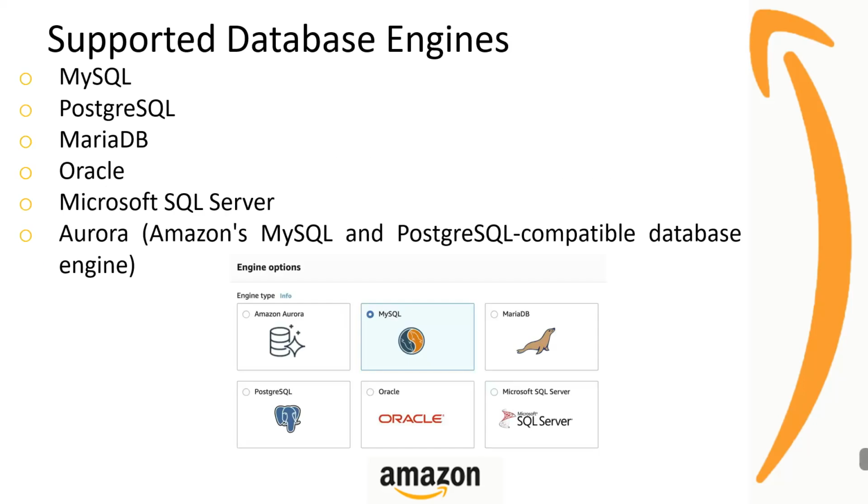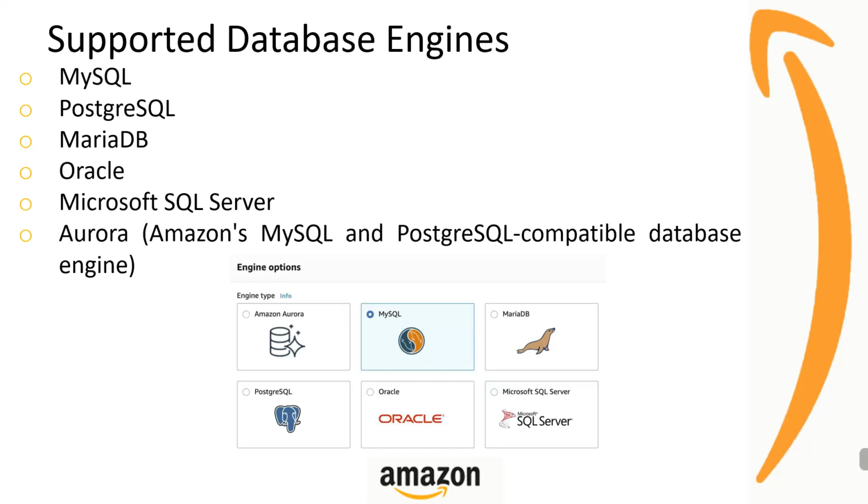Then the supported database engines in AWS are MySQL, PostgreSQL, MariaDB, Oracle, Microsoft SQL Server, and Aurora. Aurora is the AWS's own database, right?